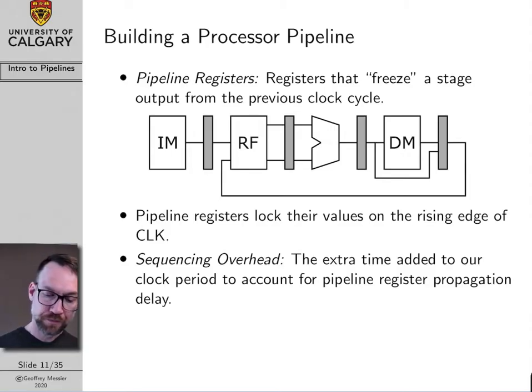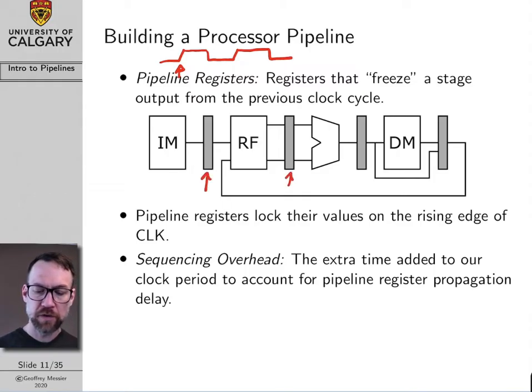And so at the rising edge of our clock signal, every time we hit a rising edge, these registers are going to take their inputs and lock them in place, freeze them, until the next rising edge of the clock signal. Of course, there is a little bit of extra time that we need to allow because these registers have a little bit of propagation delay as well.